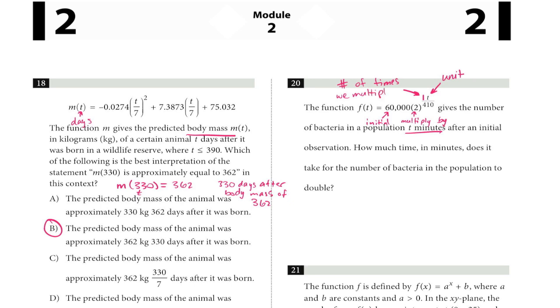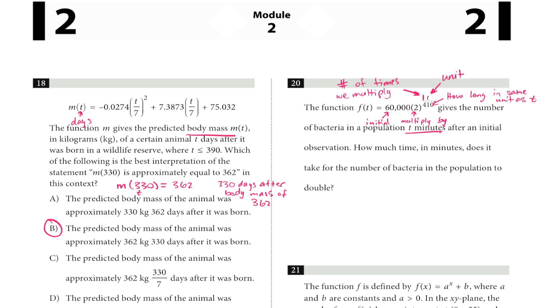And again, what are we multiplying by? Whatever's in the parentheses. And then the number on the bottom of our fraction in the exponent is telling us how long, in the same unit as t.